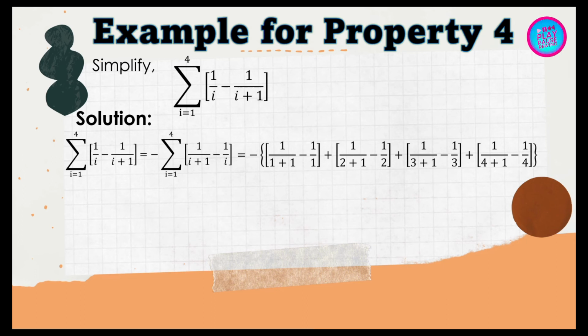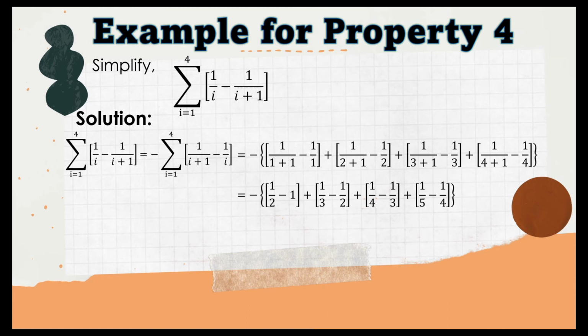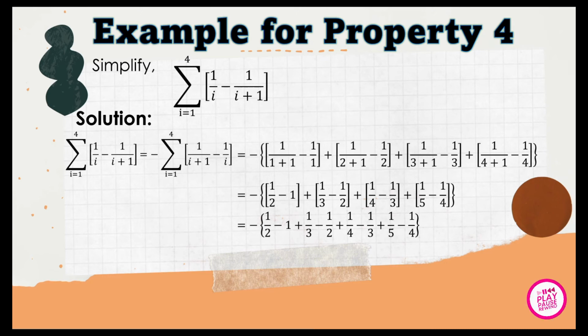By simplifying, this is negative times 1 over 2 minus 1, plus 1 over 3 minus 1 over 2, plus 1 over 4 minus 1 over 3, plus 1 over 5 minus 1 over 4.